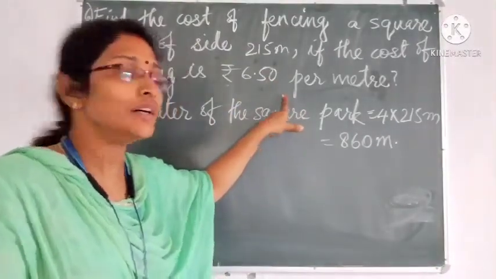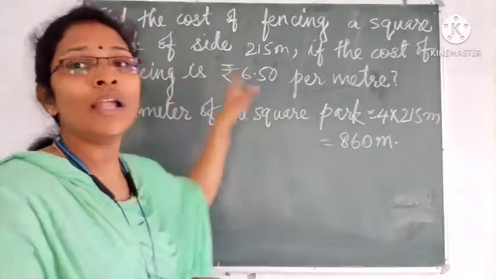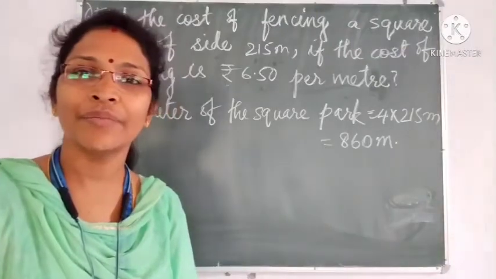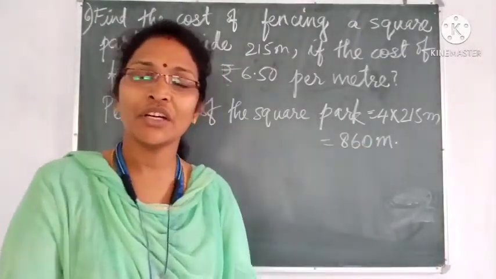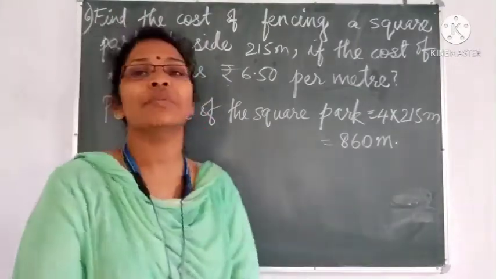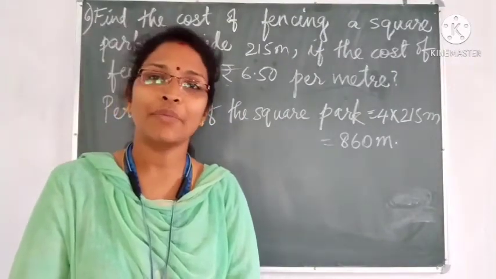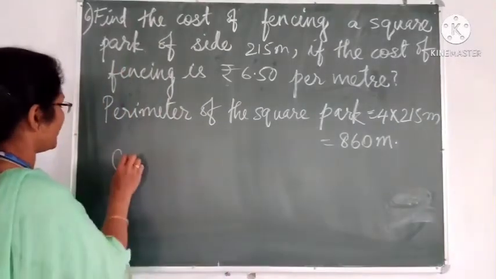Then what will be the cost of fencing of the whole square park? How can we find out? Total 860 meters is there. For 1 meter, if it is rupees 6.50, for 860 meters, what will be the cost? 860 multiplied by 6.50.